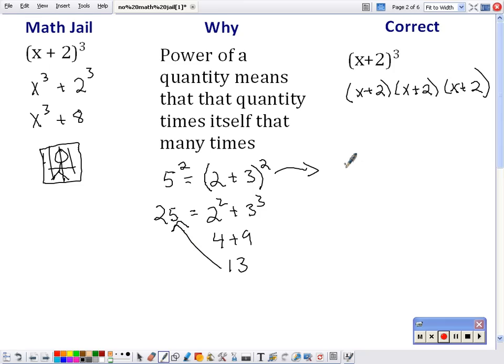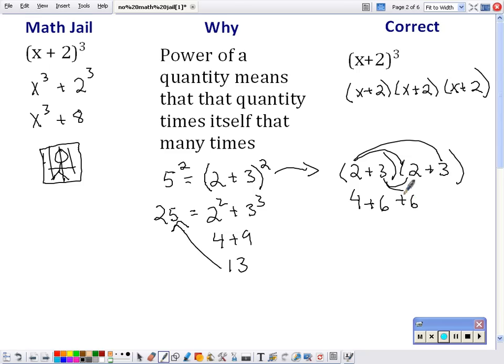Think about it this way. If I pretended that it was not possible to add together 2 plus 3, I couldn't follow the order of operations and do what's in parentheses first, and I had to multiply it out as if it was an algebraic expression. Well, 2 times 2 is 4. 2 times 3 is 6. 3 times 2 is 6.